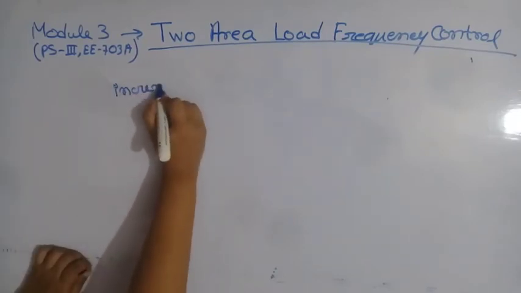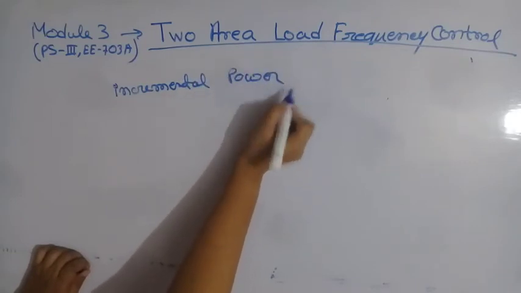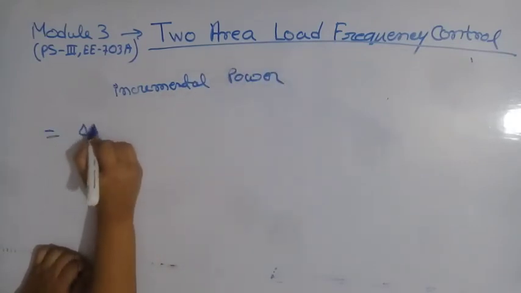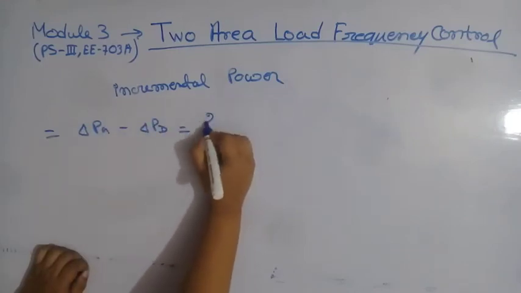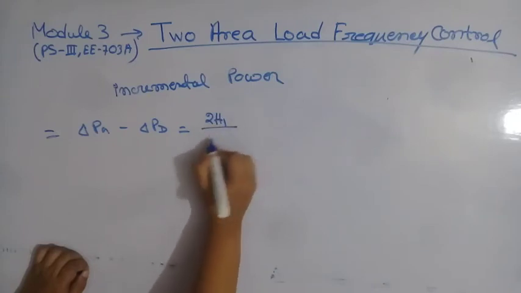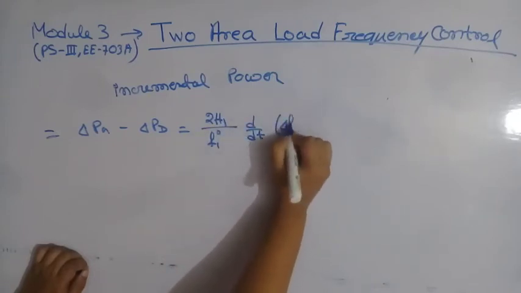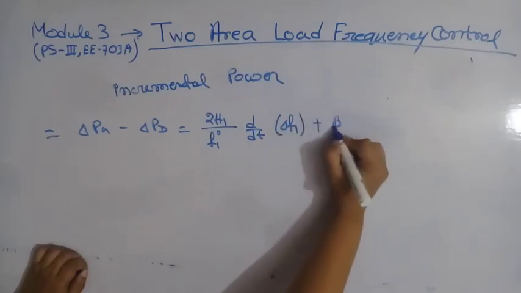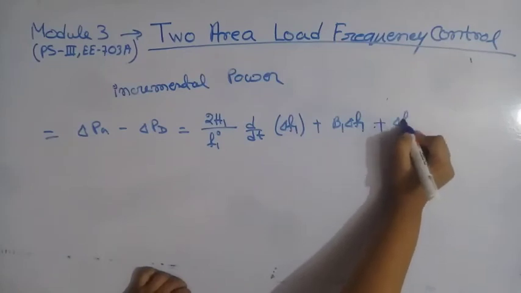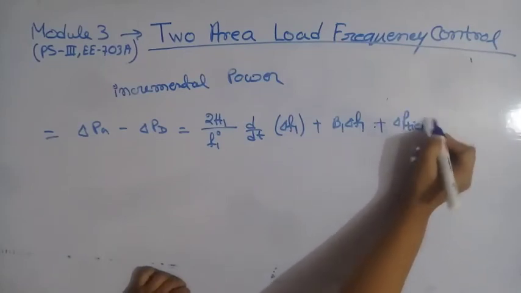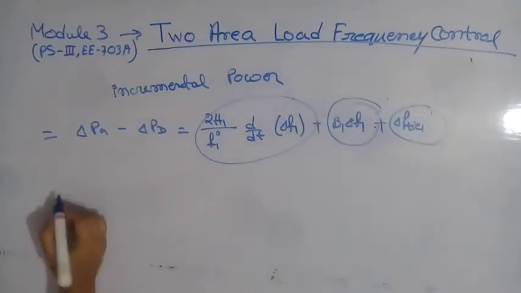So incremental power is equal to delta Pg minus delta Pd, which is equal to change in kinetic energy, 2H1 by f10 d/dt of delta f1, plus B1 delta f1 plus tie line power. Now this is the kinetic energy, this is the change in frequency, and this is the tie line power.